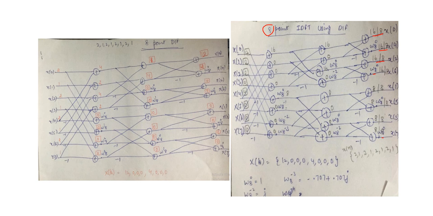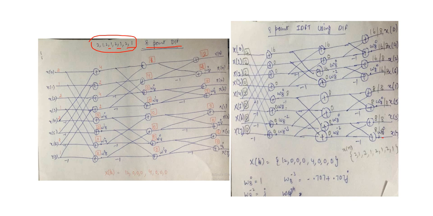Now do the calculations of these diagrams. Here the question is you have to perform DFT of the sequence 2 1 2 1 2 1 2 1 using the 8-point DIF algorithm.